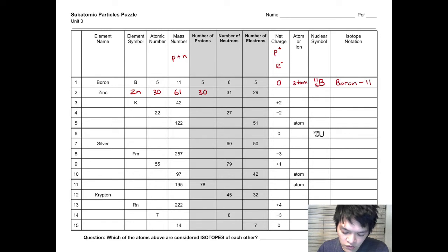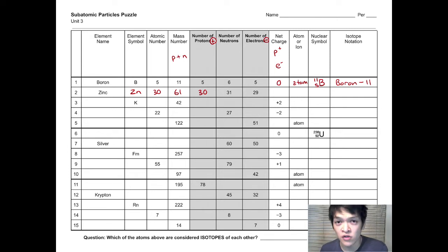We have net charge now. Now net charge is comparing the amount of protons and electrons, right? So I have 30 protons and I have 29 electrons. Remember that protons are positive. I'm going to write that up there as a hint. And electrons are negative. Which ones do I have more of, positive or negative?